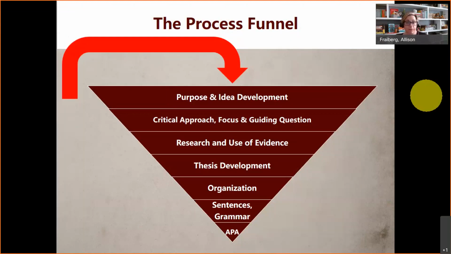Now, a couple of things might strike you here. Number one is thesis is very far down the line of this funnel, and organization is extremely far down the road in this funnel. And that's intentional.